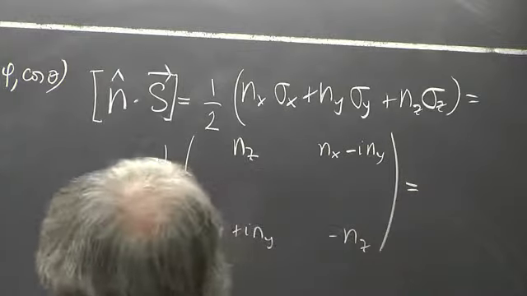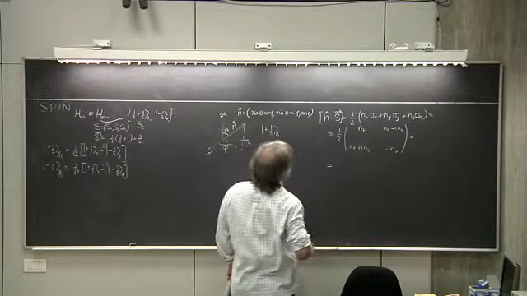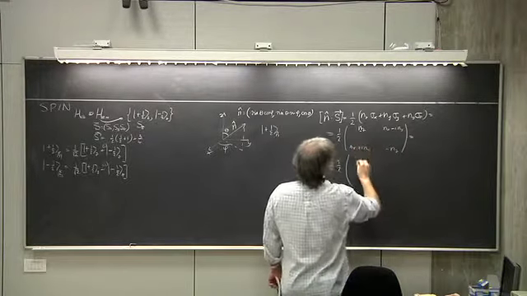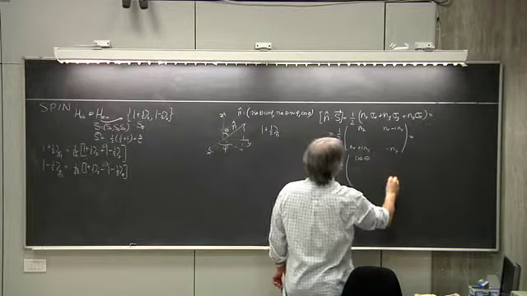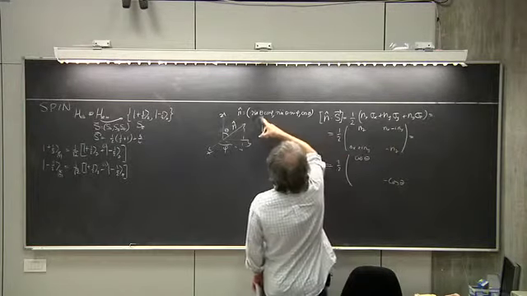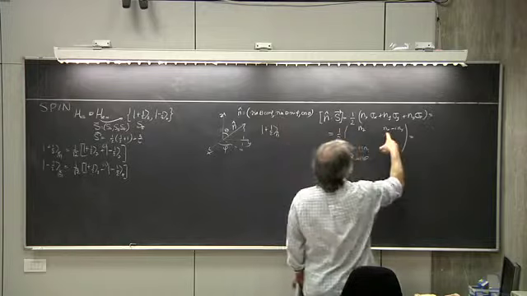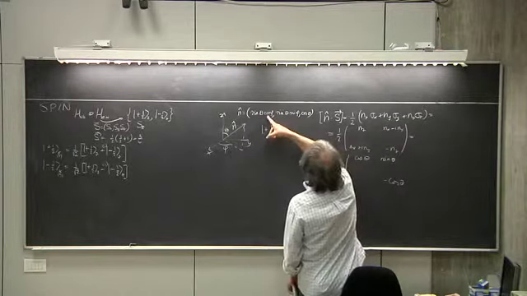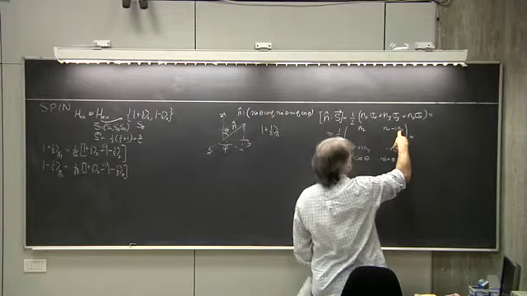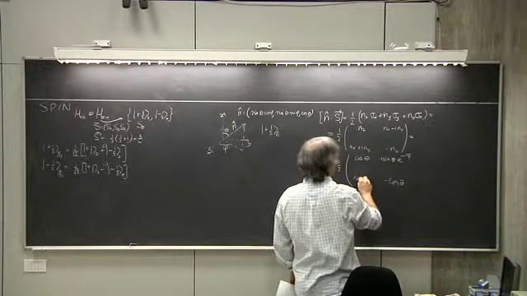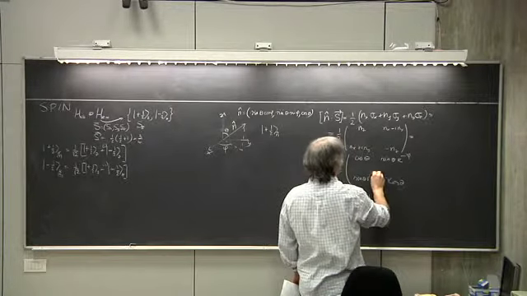So this matrix, I can put these expressions there, is 1/2 of cos theta, minus cos theta. Here I have sine theta, which is in both. And then I have cos phi minus i sine phi, so e to the minus i phi. And here I have just sine theta e to the i phi.